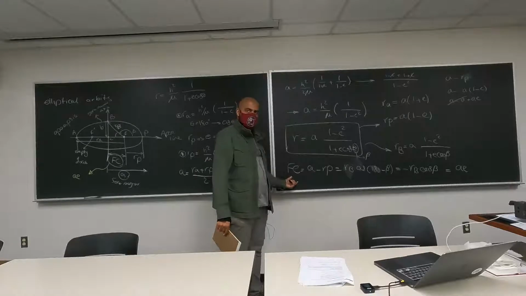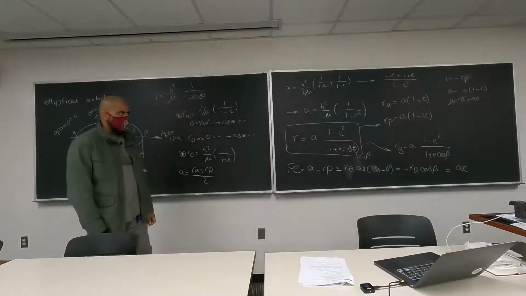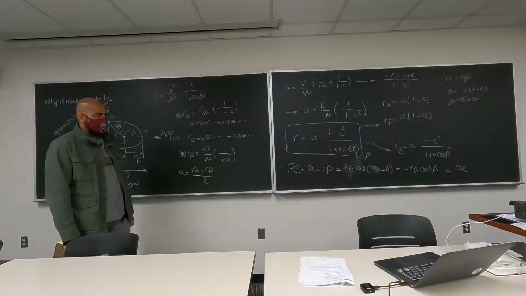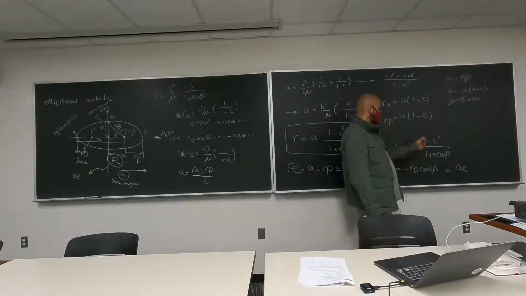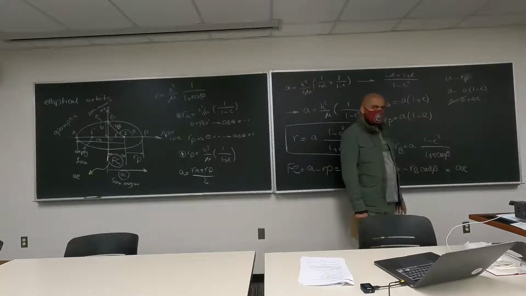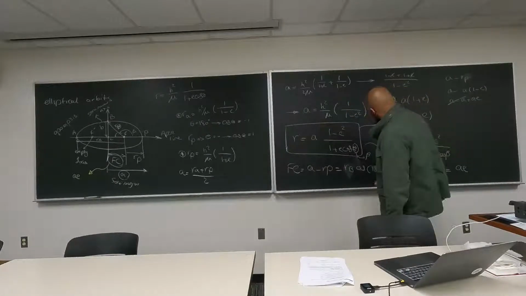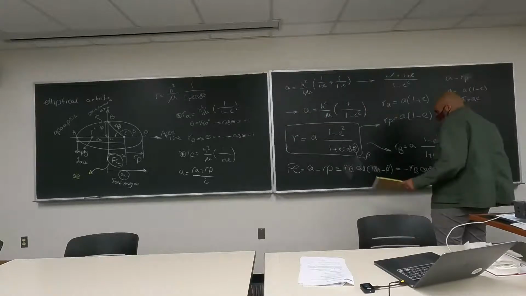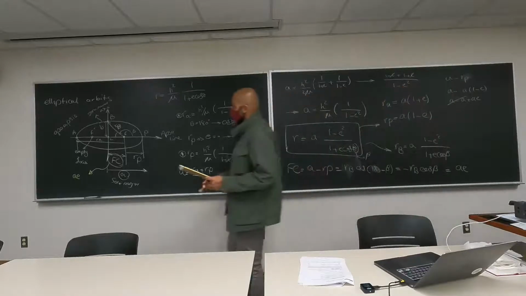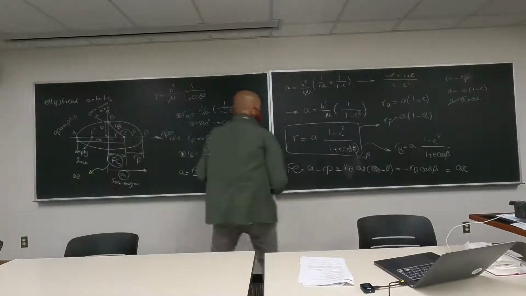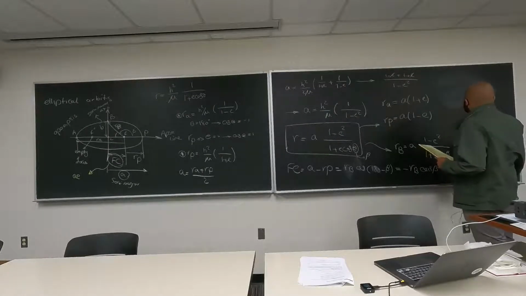Because FC is equal to AE, and we have two equations for FC, right? We also have an equation here for RB, A times 1 minus E squared divided by 1 plus E cosine of beta. And if you play with that equation, you'll end up with this interesting relationship: E is equal to negative cosine of beta.